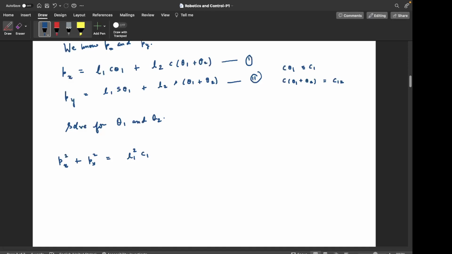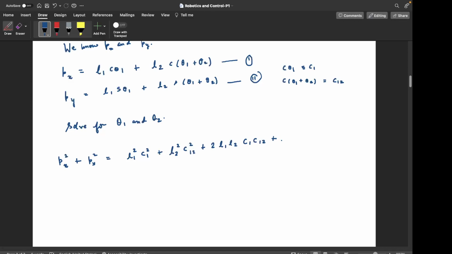So L1 square c1 square plus L2 square c12 square plus 2 L1 L2 c1 c12, right? And add py square in there.